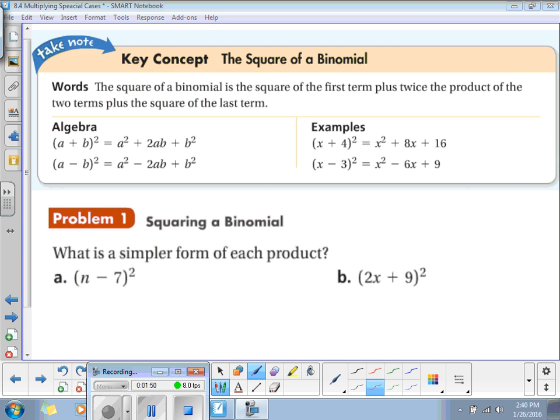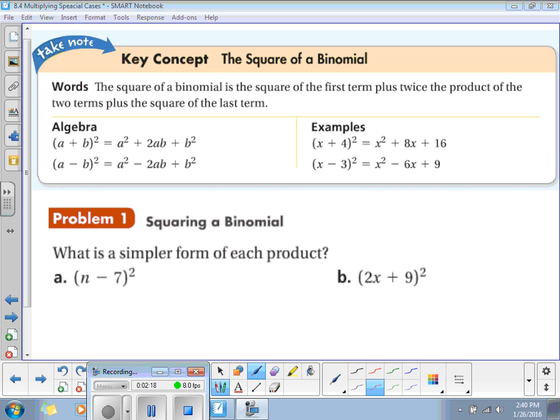All right, so the square of a binomial is the square of the first term plus twice the product of the two terms plus the square of the last term. So here, if I had a plus b quantity squared, you have to know what the a is and what the b is, and they have to be the same.